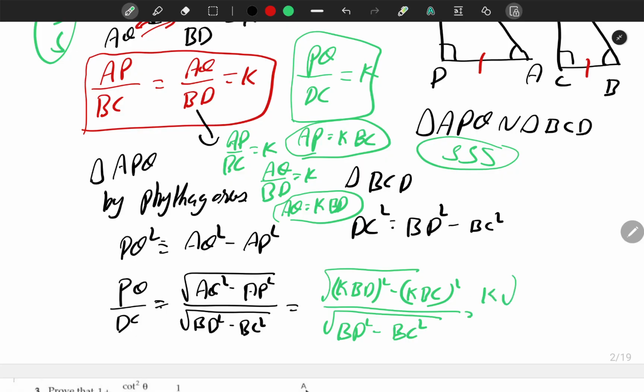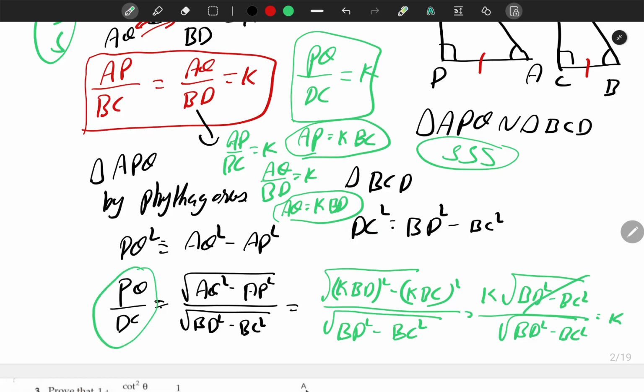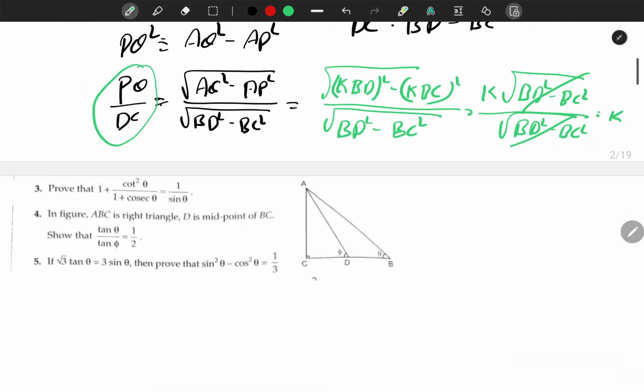So if you take the K out of the root, it will be BD square minus BC square by BD square minus BC square. So PQ by DC is equal to K. Hence by SSS these two triangles are similar. Therefore angle A is equal to angle B.